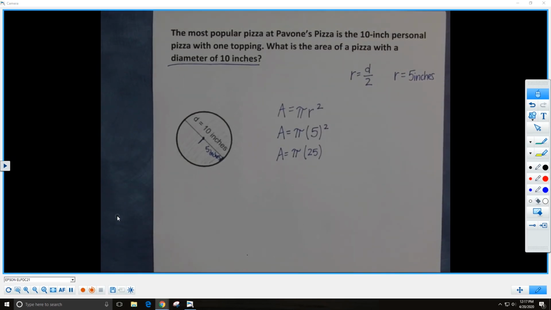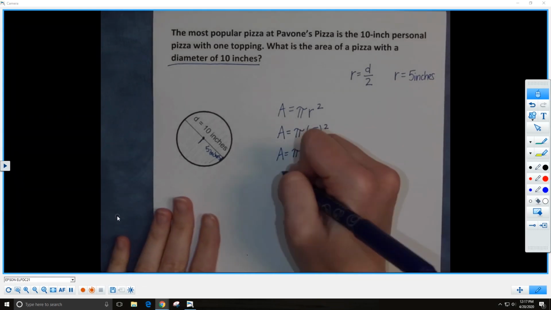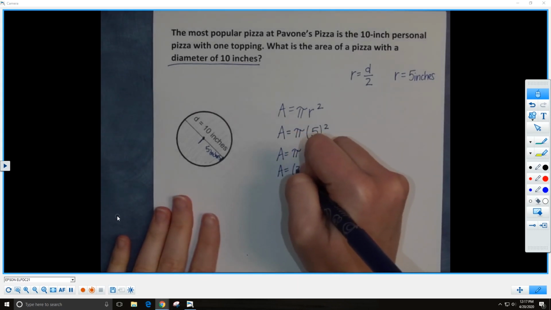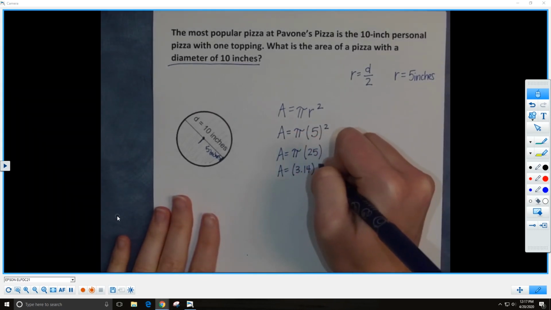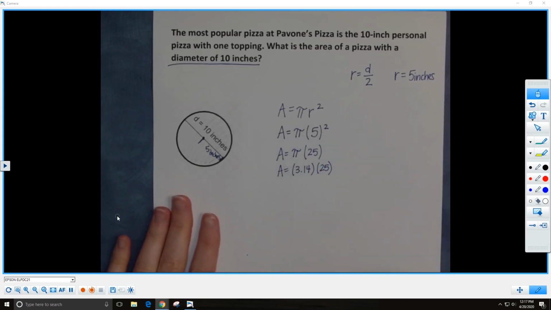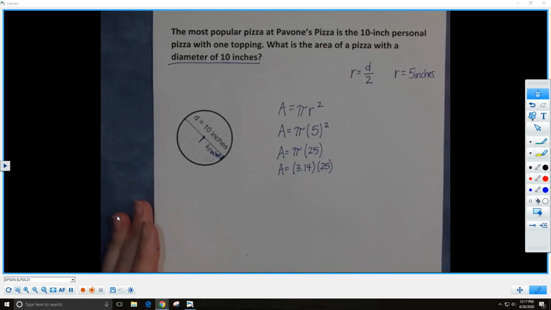I'm going to pause for you to figure out what we'll substitute next. Okay, so remember that we're using 3.14 as an approximation for pi. And then our last step here is to multiply those two numbers together and simplify to find the area. Go ahead and do that now.